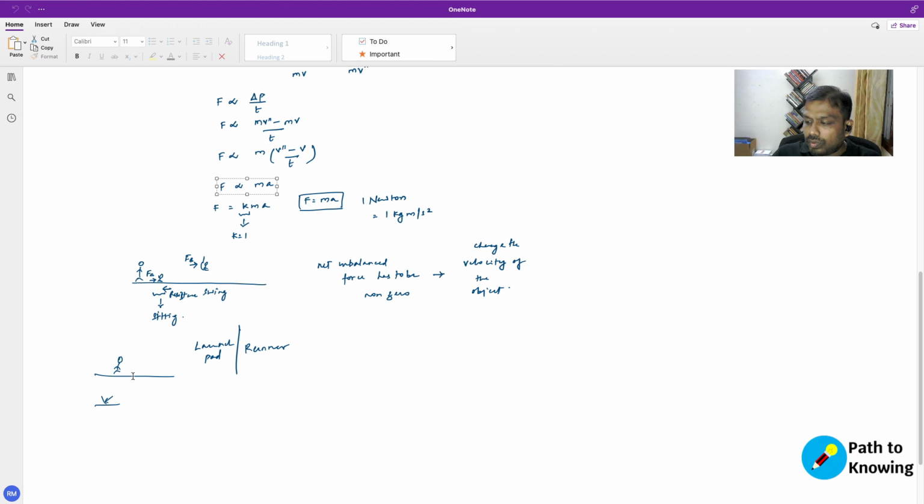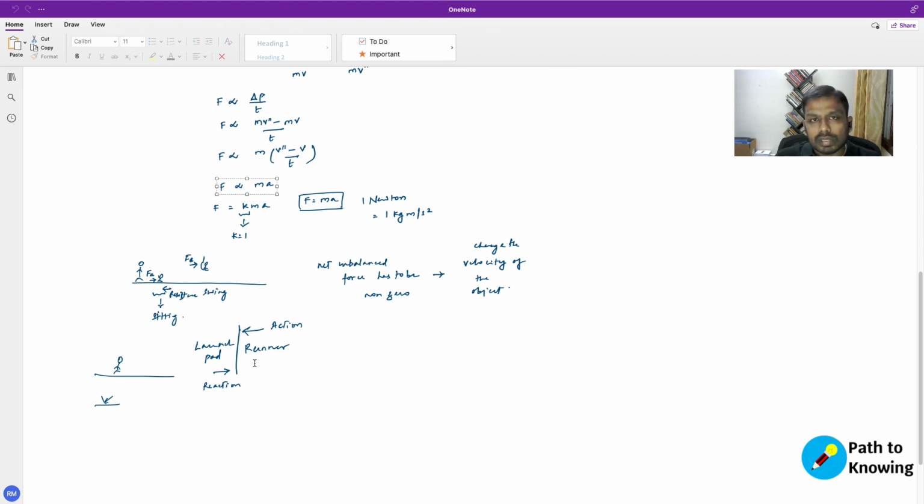The runner applies the force, and in return, the launch pad applies the force back on the runner. So it always occurs in pairs. If we call one force the action, we call the other force the reaction, and both act on each other. The action is applied on the launch pad, but the reaction is applied back on the runner.